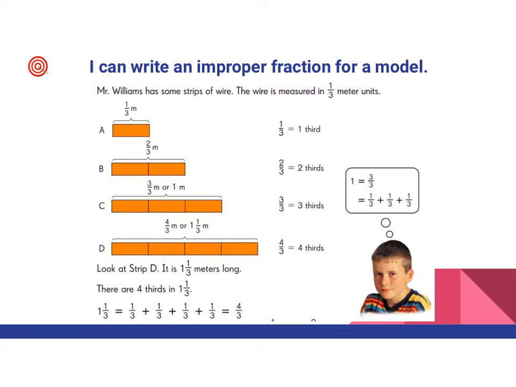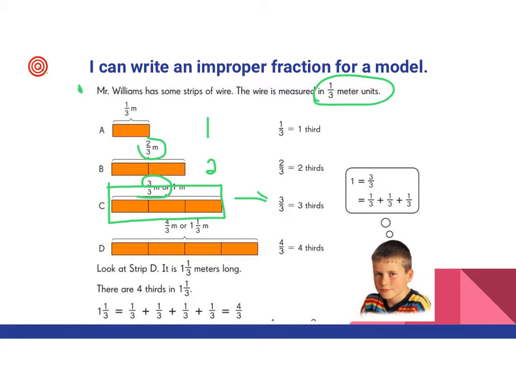So here's a picture that is trying to illustrate what that means. If Mr. Williams has some strips of wire that are each 1/3 meter, we're basically counting by thirds. So here's 1/3, 2/3, 3/3 is one whole. So this is the size of one whole, meaning 1 meter.